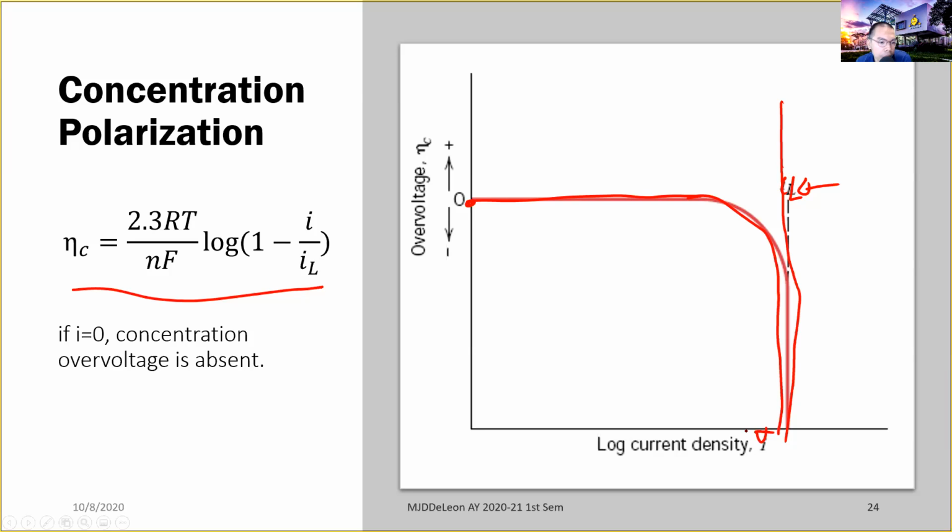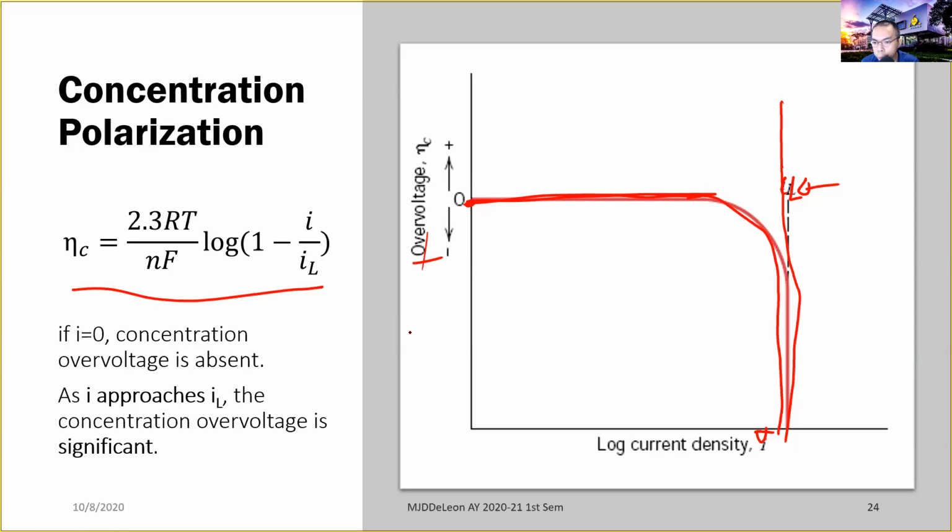So if I is equal to 0, then your concentration overvoltage is absent. I equals 0, wala tayong overvoltage. As I approaches IL, nakita natin that your concentration overvoltage is very, very large.